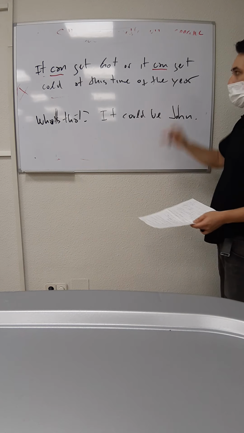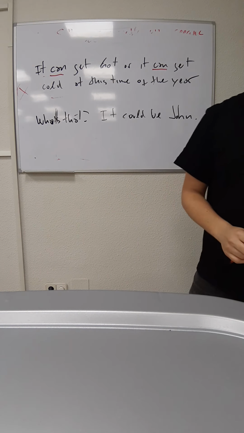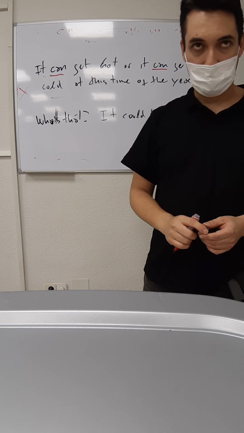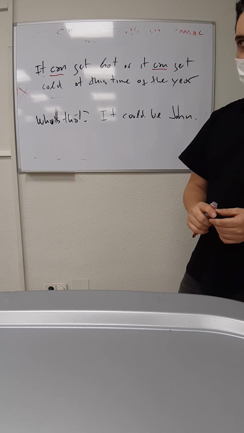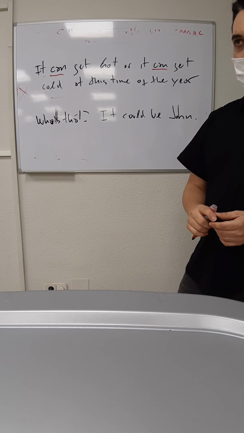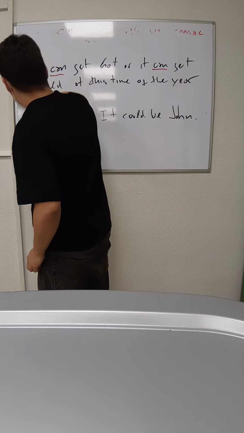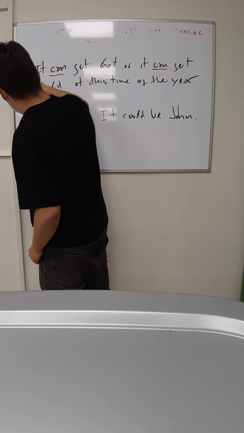Here I'm using can. Is this permission, possibility, or ability? Possibility. Is that a general possibility or a specific possibility? I would say it's a general possibility. So let's say here, general possibility.